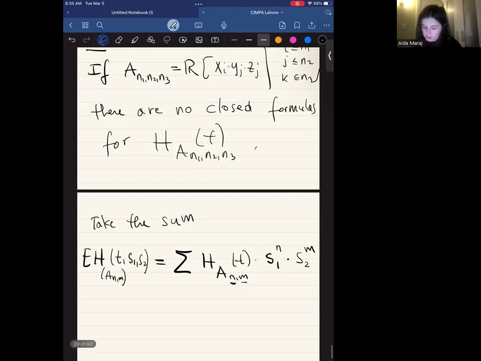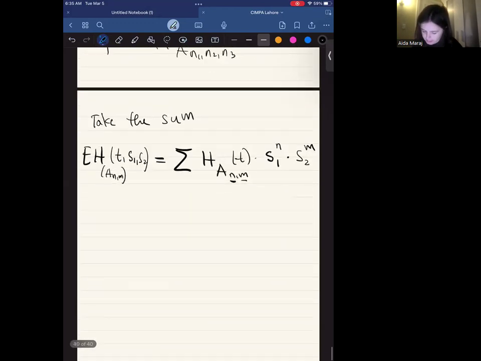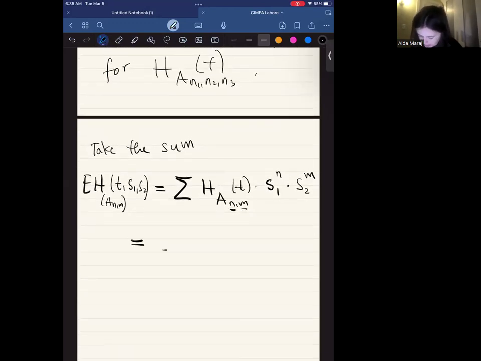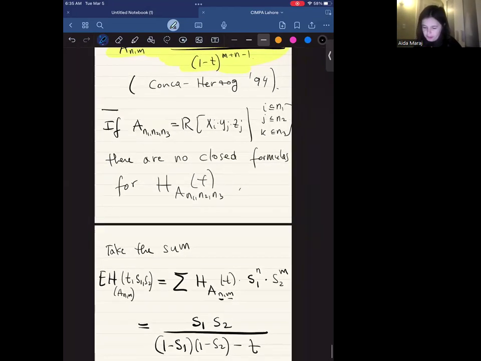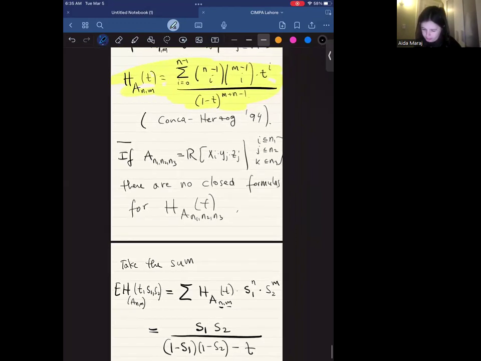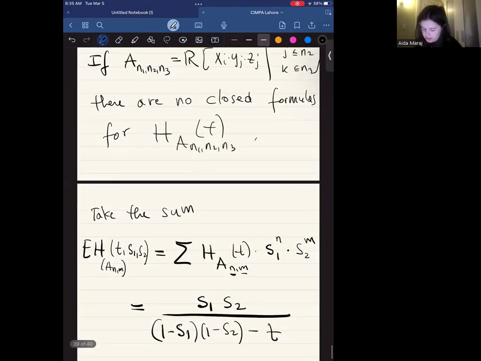I claim that if we take the sum over all these expressions here, the answer will be something very not messy: S1, S2 over (1 minus S1)(1 minus S2) minus T. So if you compare what we were summing over and what we got at the end, this seems promising.